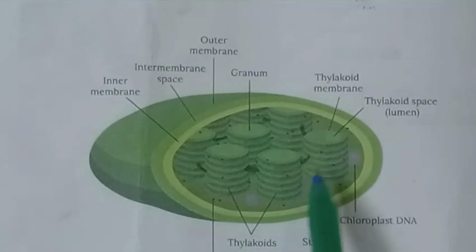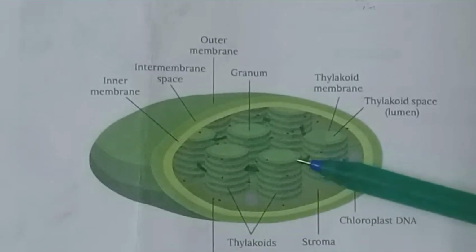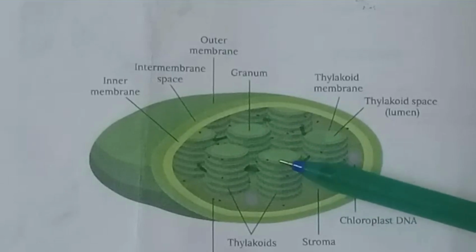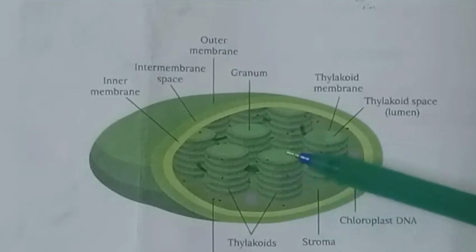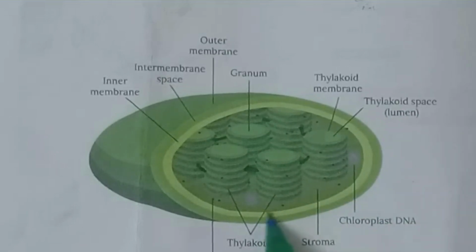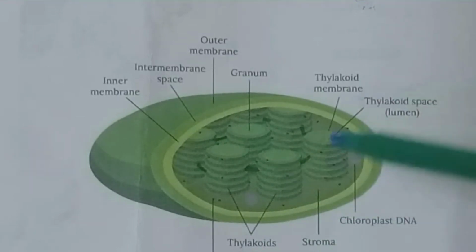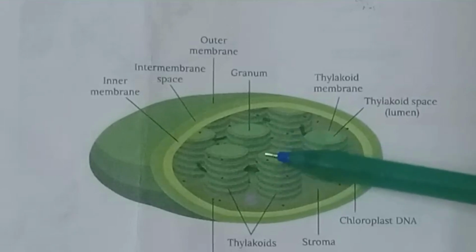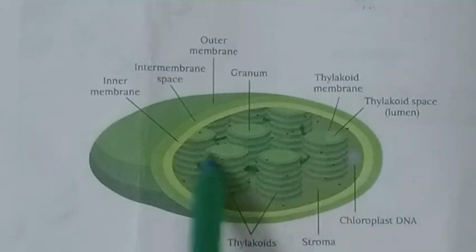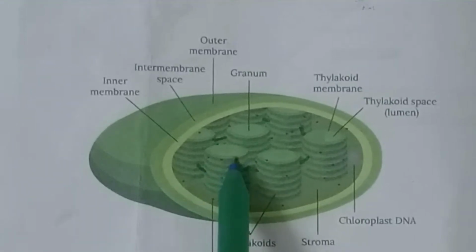Inside the inner membrane is the fluid-filled space known as stroma, which contains a number of flattened membranous sacs known as thylakoids, and these thylakoids are arranged in stacks like piles of coins known as grana, singular granum, and these grana are also known as integral thylakoids. And thylakoids of different grana are connected with the help of tubules known as stroma lamellae.